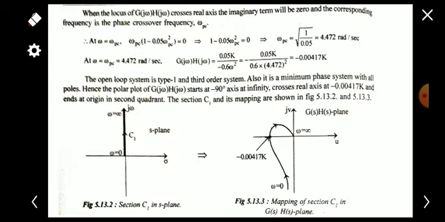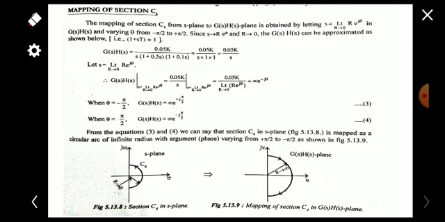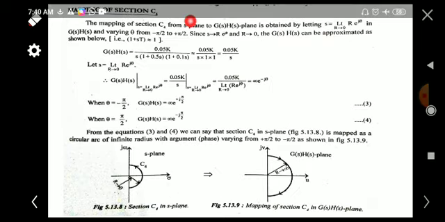No further calculation is needed here. We can simply draw the graph with the same crossing point of minus 0.00417 k, just opposite to section C1. Okay, this is the corresponding mapping of section C3, and the last one is the mapping of section C4.